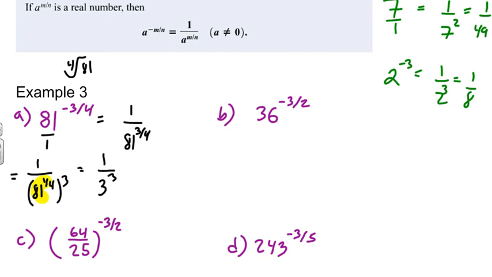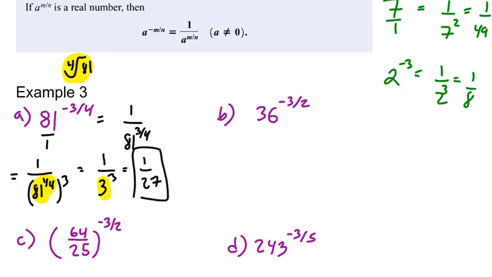This 81 to the power of 1/4 is 3, and this is the same thing as the 4th root of 81. So 1 over 3 to the power of 3 means 1 over 3 times 3 times 3, which is just 1 over 27. And that would be our final answer, 1 over 27.